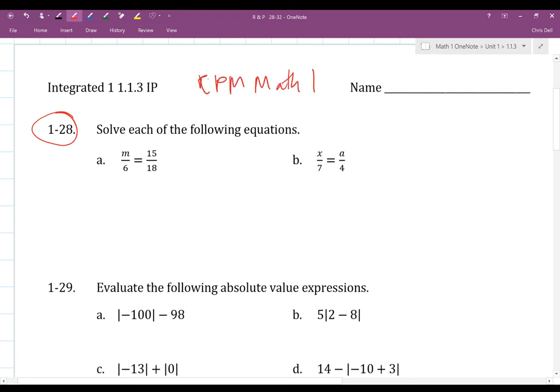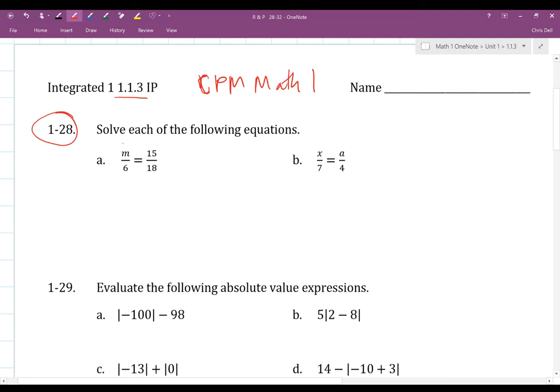So CPM Math 1, and specifically 1.1.1.3, number 1-28. Okay, so the problem is we have m over 6 is equal to 15 over 18.